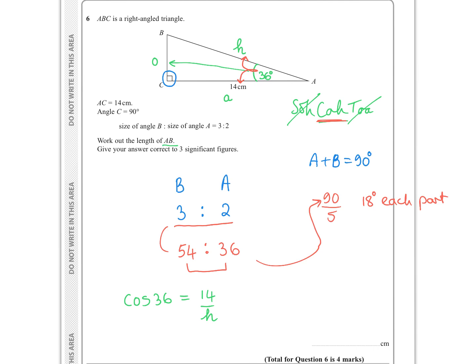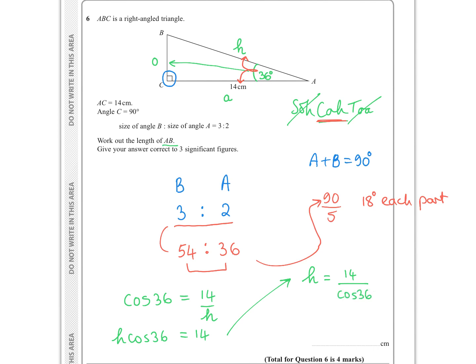I'm then going to multiply both sides by h, and then divide both sides by cos 36. So that would give me h is equal to 14 divided by cos 36.